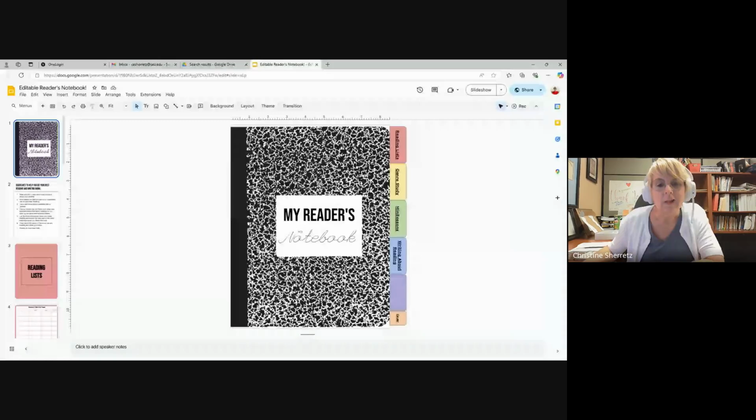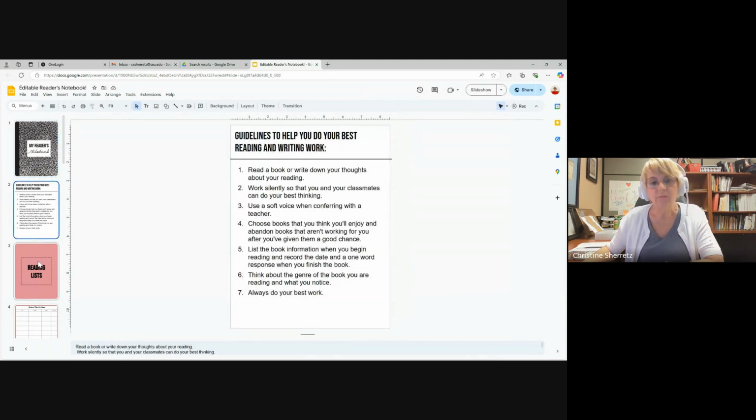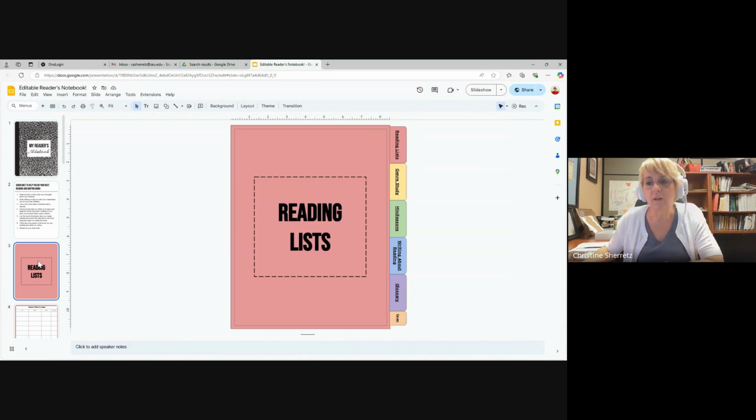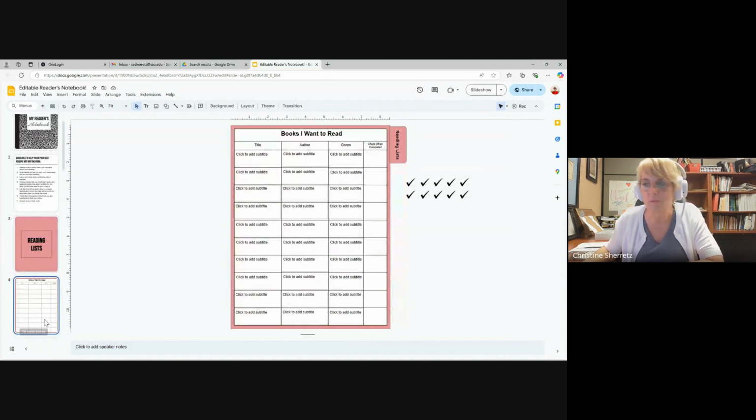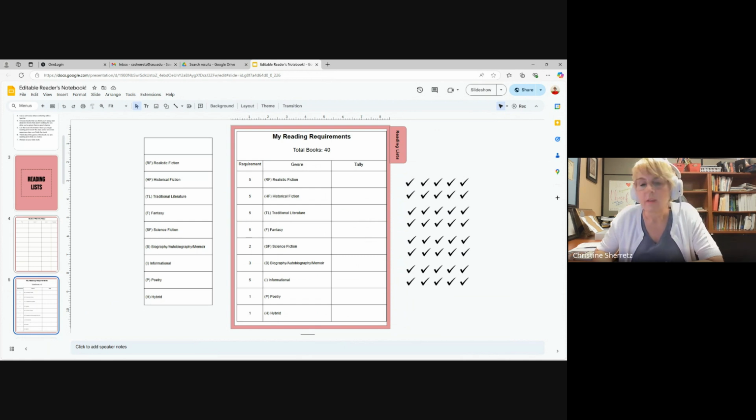So this was something that I had published. I worked in a fourth grade class. I had three fourth grade classes, and all of the students got a reader's notebook. Instead of doing something like Accelerated Reader, the students would record the books that they read in their journal.